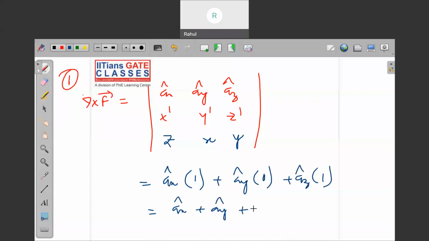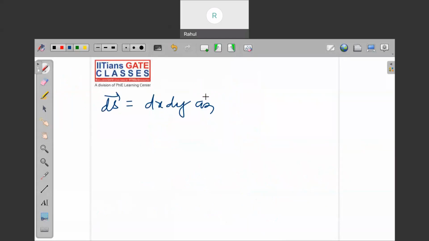This is the definition of ds. What is the ds vector? ds will be dx dy az cap. And what is curl of f dot ds?